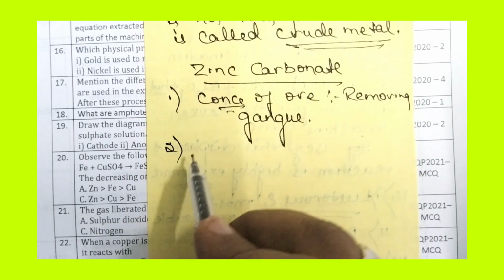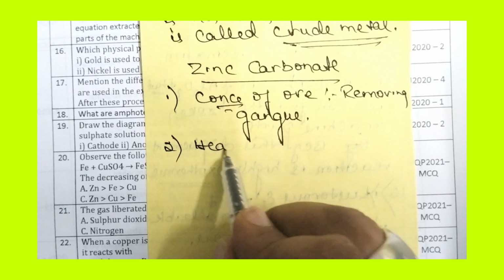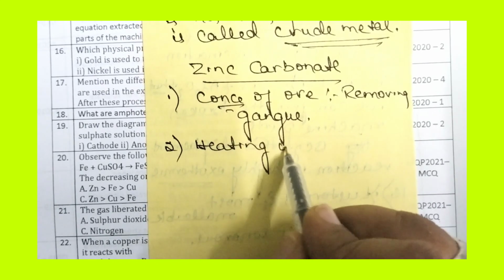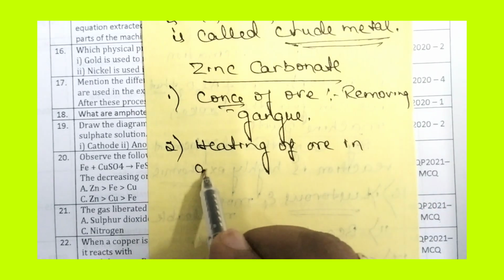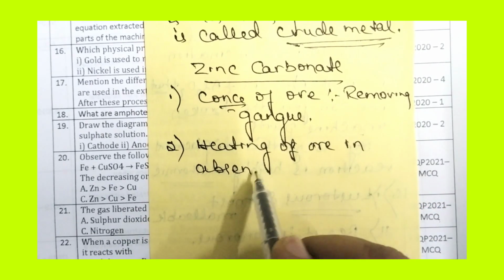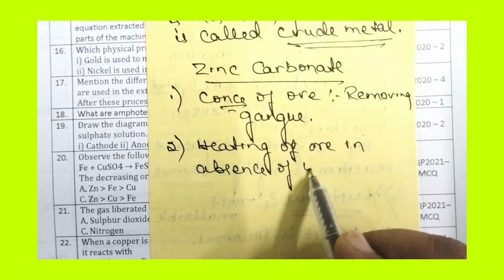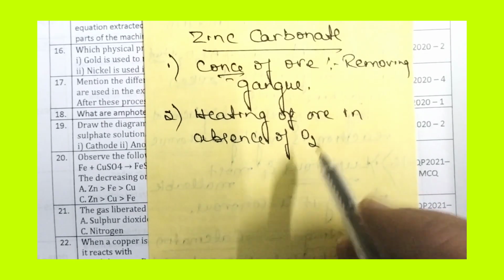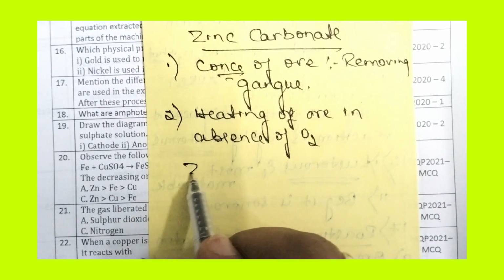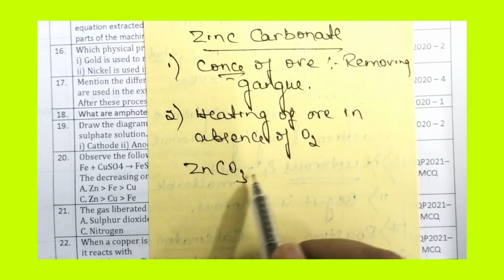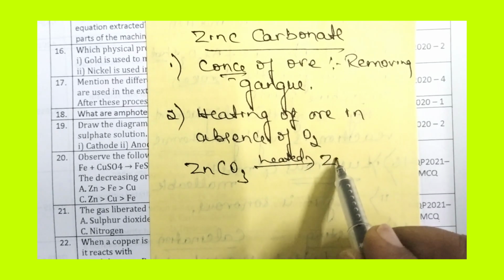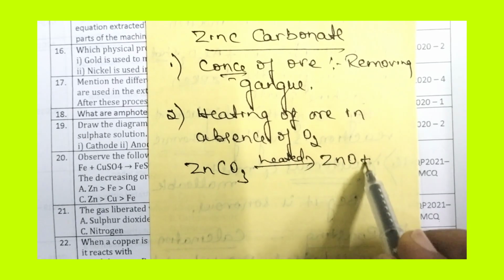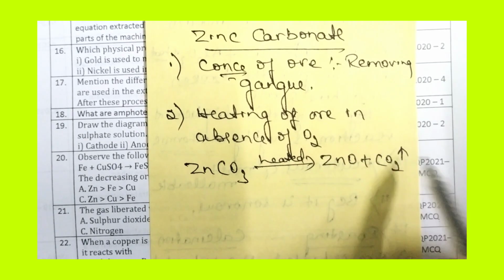The second step is heating of ore in absence of oxygen. That is calcination. ZnCO3 is heated in absence of oxygen to get zinc oxide, and carbon dioxide is liberated.